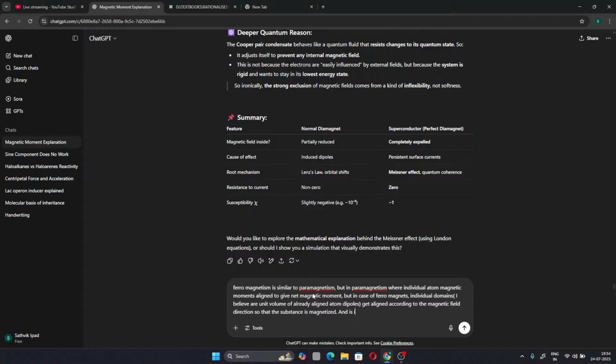And is it due to these large amounts of aligned atoms forming domains that the net magnetization of ferromagnetic substances is greater than, I mean, not paramagnetic?